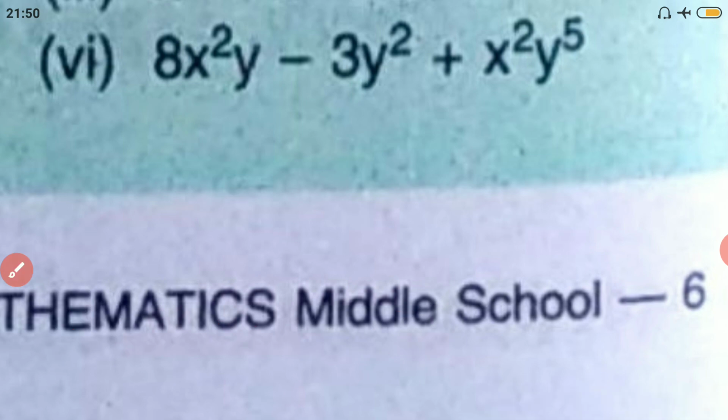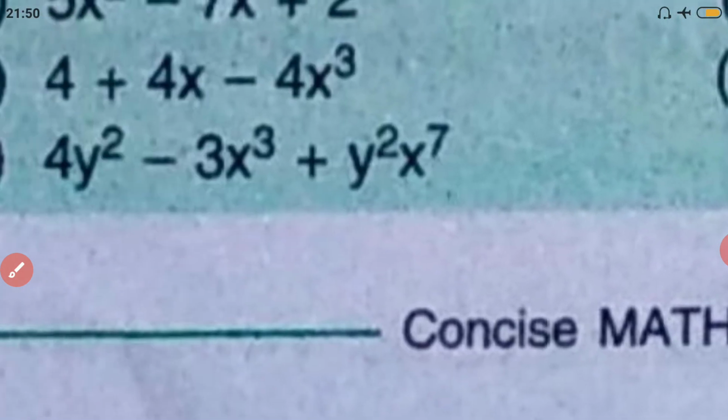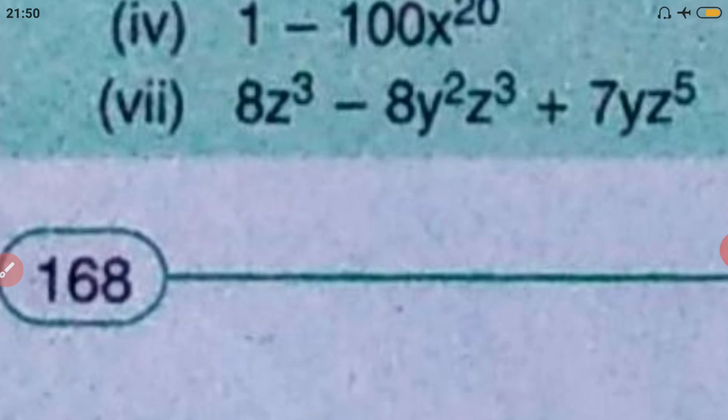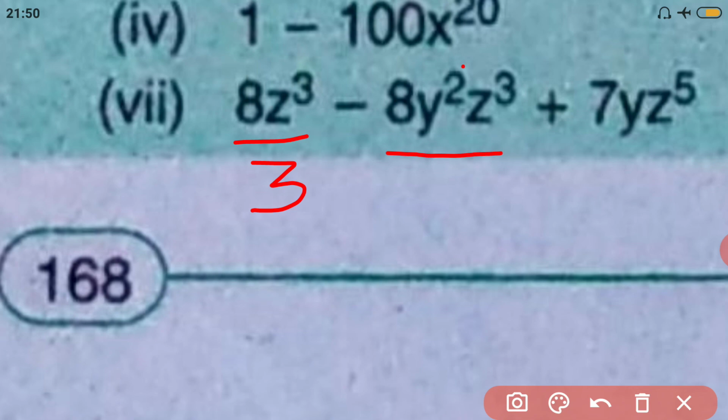Let us go to the next number, which is question number 7. Okay, question number 7. Now the first term has only 3 as the power. Second term is 2 plus 3, which is 5. Sorry, it's 5, right? And the third one has 5 and 1.